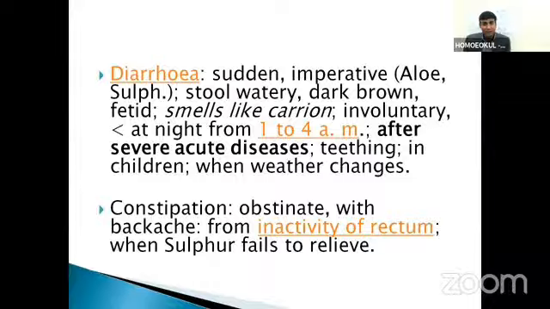And cough at 4 p.m. Yes, very good. Millefolium. Open chapter Millefolium and just see cough. After suppressed hemorrhoids, cough at 4 p.m. and within bracket you will get Lycopodium.